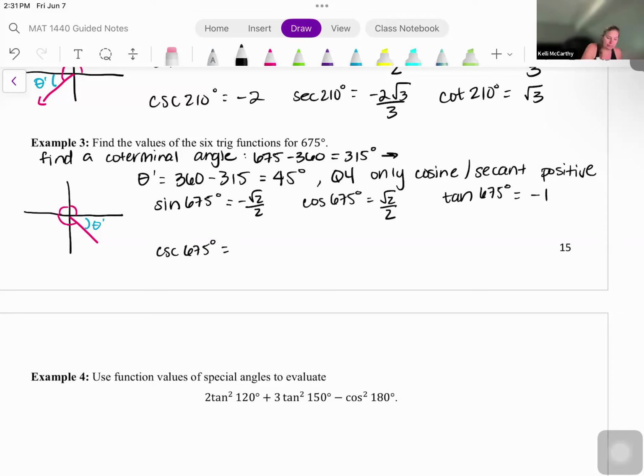Cosecant of 675 degrees is negative square root of 2. Secant of 675 degrees is positive square root of 2. And cotangent of 675 degrees is negative 1.